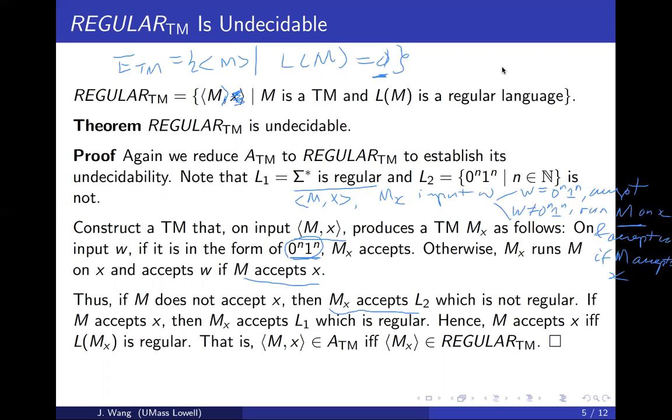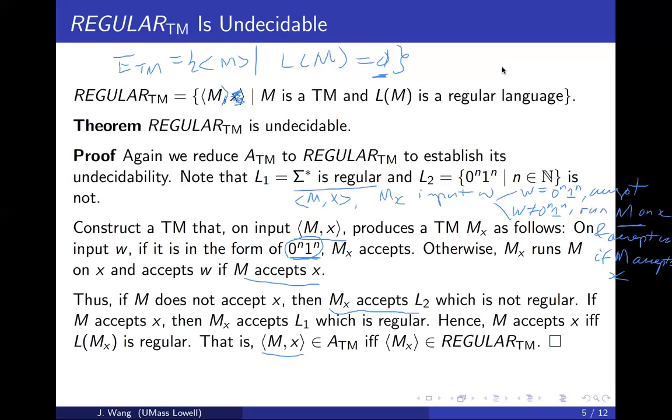So the encoding of M comma x is in A sub TM, which means M accepts x, if and only if the encoding of this Turing machine M sub x is in REGULAR sub TM. Hence we established the fact that REGULAR sub TM is undecidable.